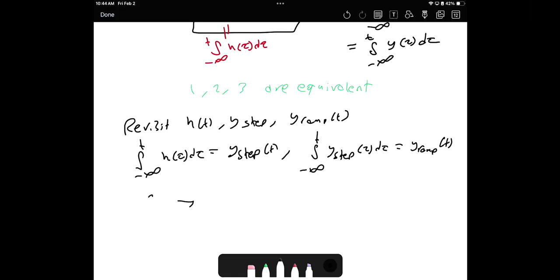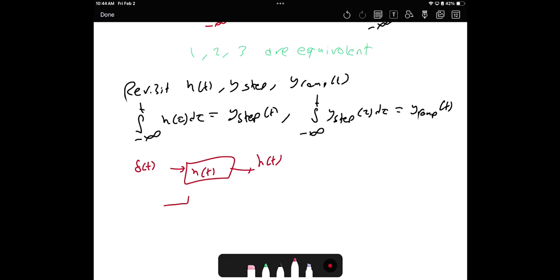whenever you have delta of t, when you have h of t, the output will be h of t, right? That's what we do. So how about if we do this? The input is delta of t, then I inserted u of t. So u of t means integral.